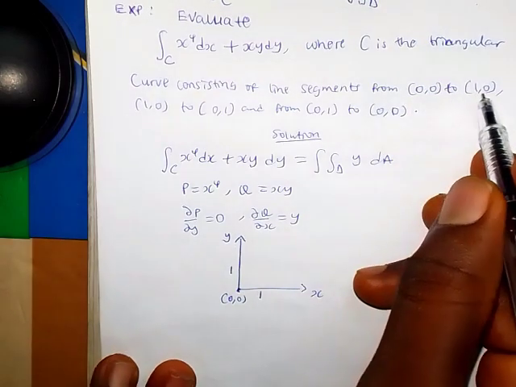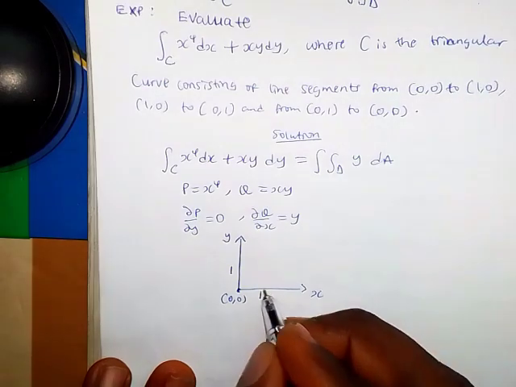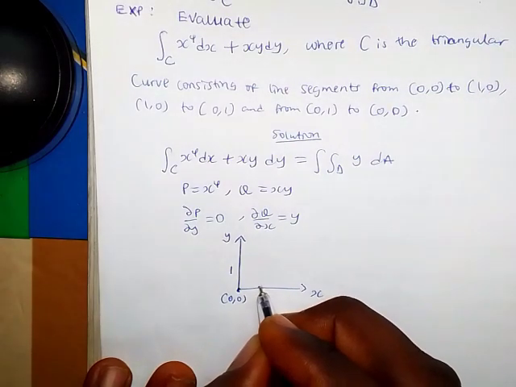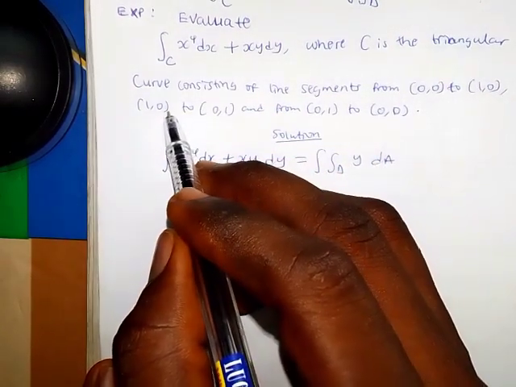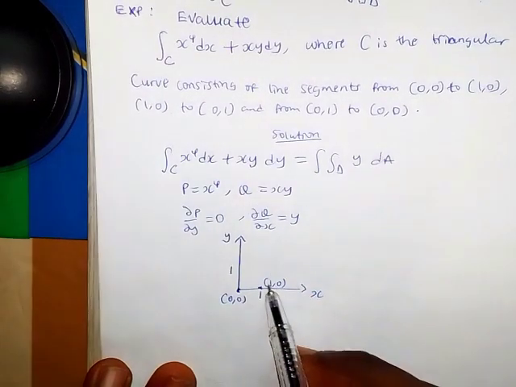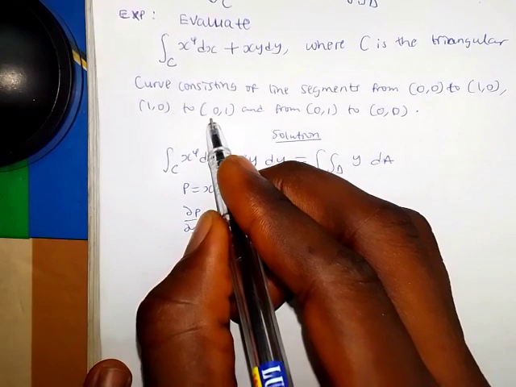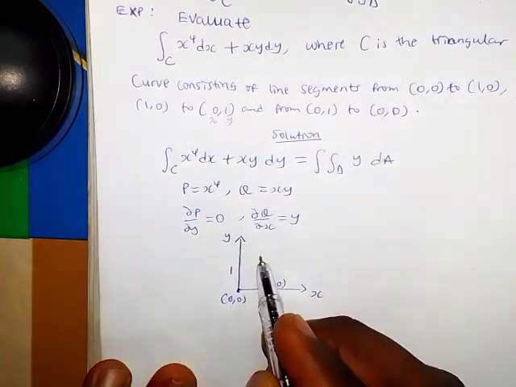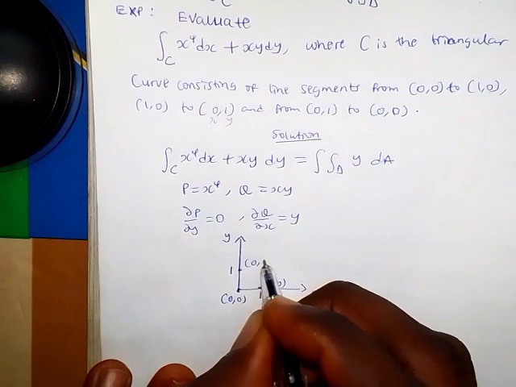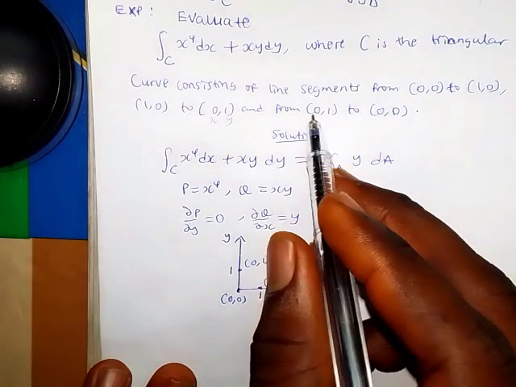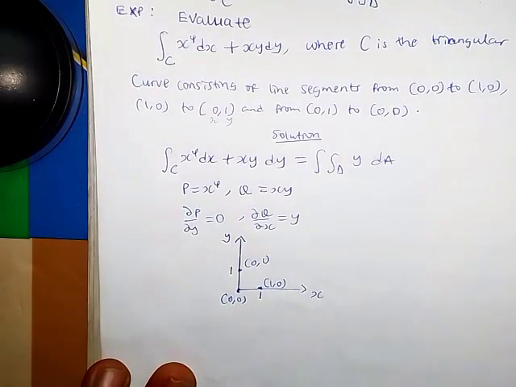The second point is (1, 0), so x is 1 and y is 0. Another point is (0, 1), where x is 0 and y is 1, and then back to (0, 0), the origin.